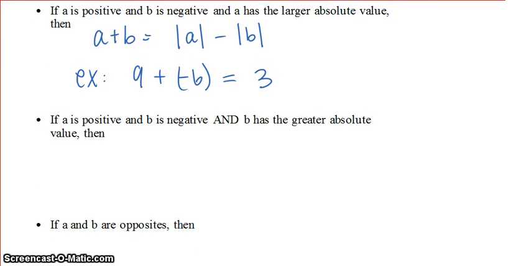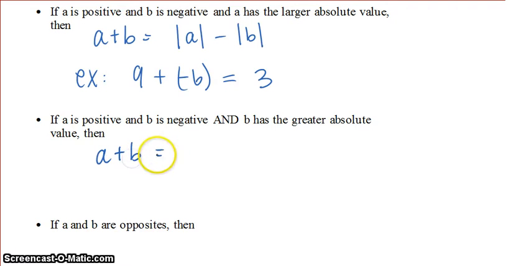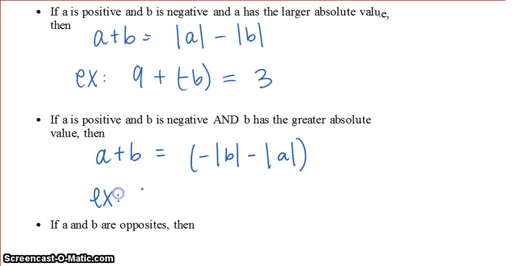Now, if A is positive and B is negative, and B has the greater absolute value, then this is the case. In order to add A plus B together, you're going to do the absolute value of B, make that negative, minus the absolute value of A. For example, we have 8 plus -13.